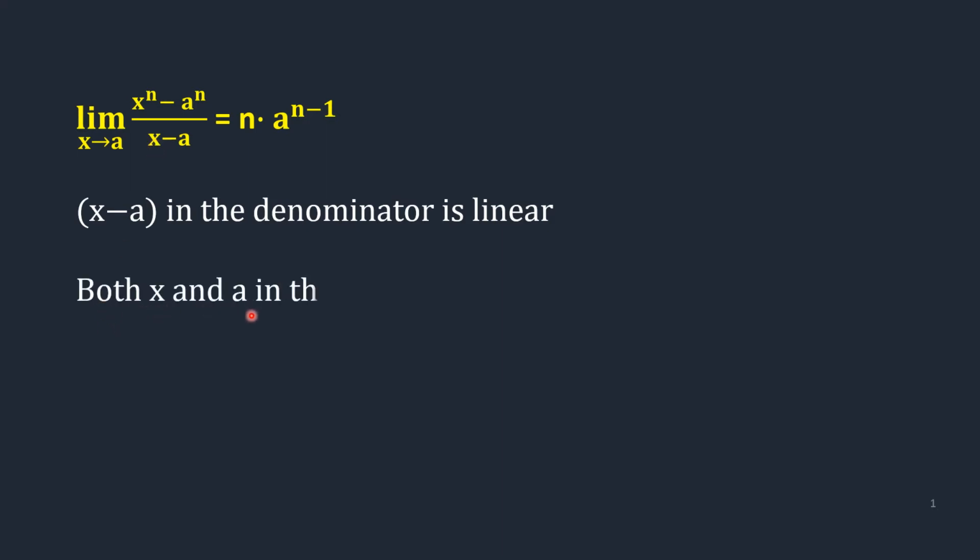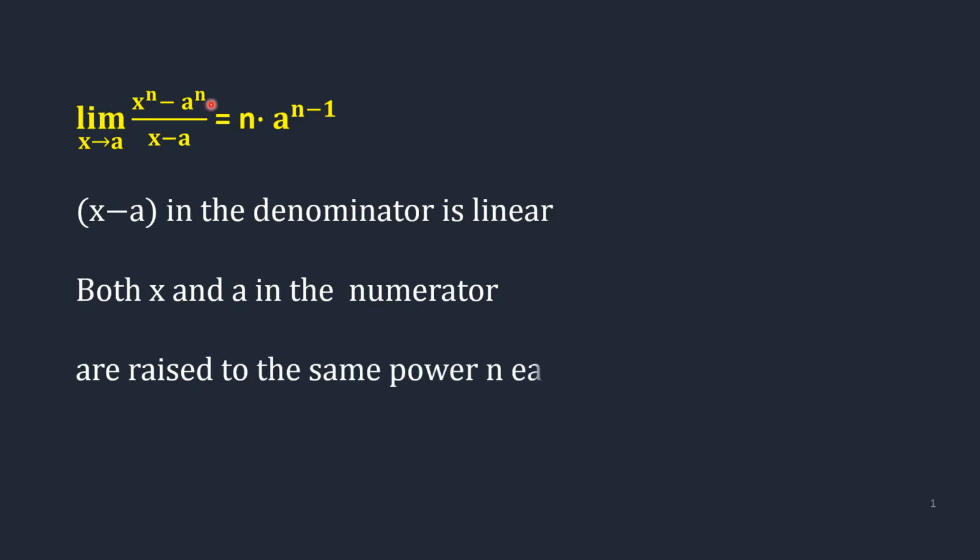Both x and a in the numerator are raised to the same power n, where n is greater than 1, and its limit is n times a to the power n minus 1.